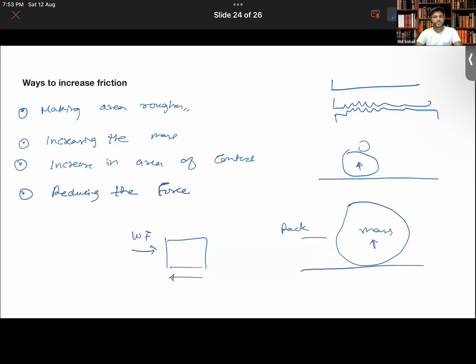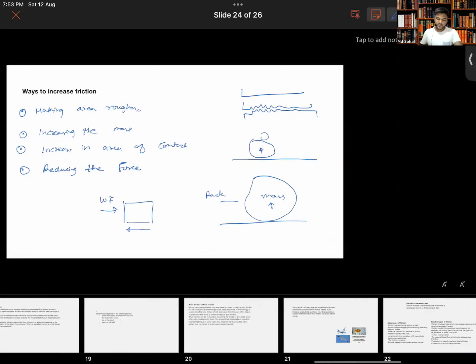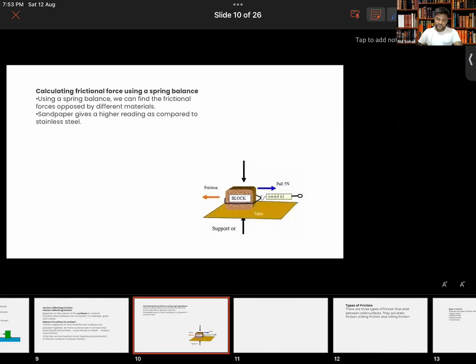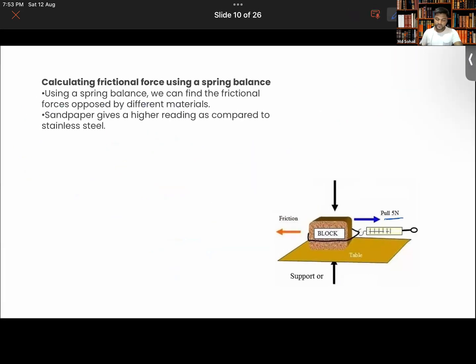Arhan, was it not Newton? You guys remember that spring which we were using, this weight spring? What was the unit of the reading in this? Is it not 5 Newton here? Newton. Right. So it is Newton, guys.